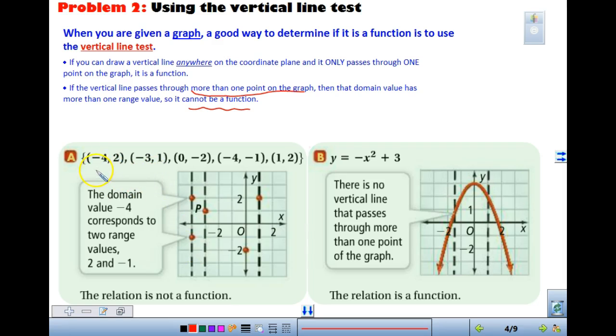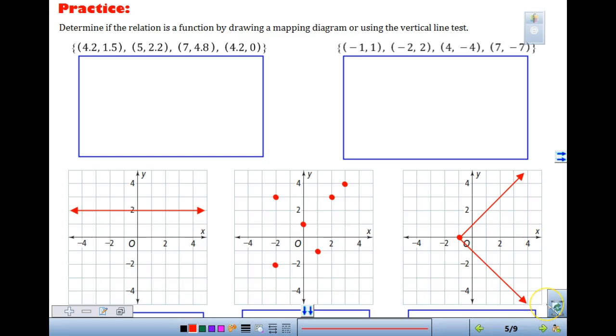If you would have made that domain and range table and mapped it, you would have also seen this, okay? In this one, so this one is not a function. The second one is a function. The reason it is a function is because everywhere where I draw a vertical line, it only goes through one point, okay?